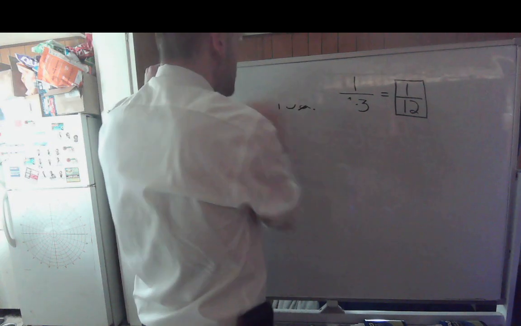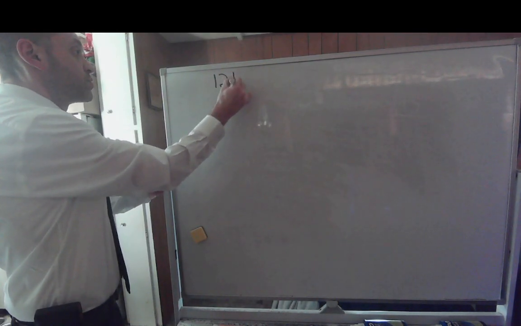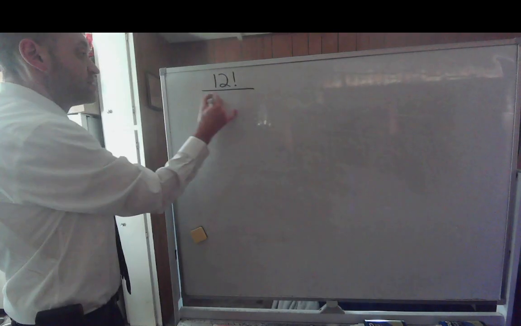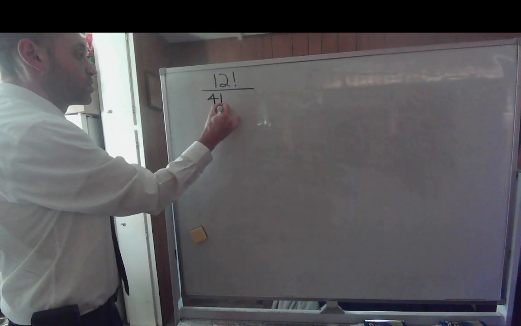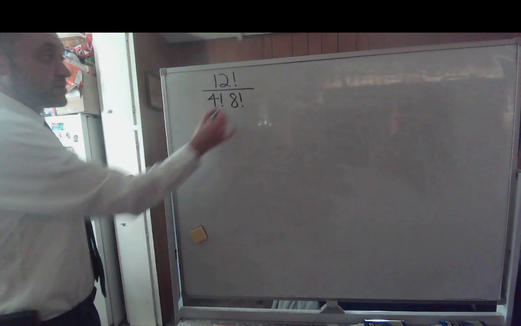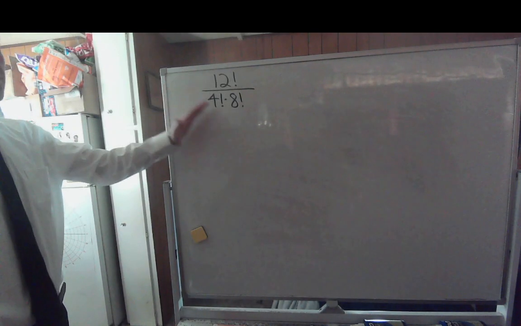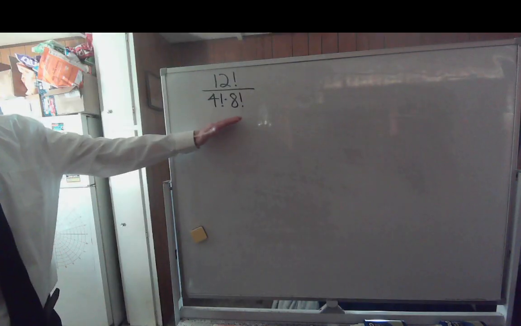We'll simplify some more. Let's say we have something like 12 factorial divided by 4 factorial times 8 factorial. So now they're spicing it up a bit. We're going to simplify 12 factorial over 4 factorial times 8 factorial.